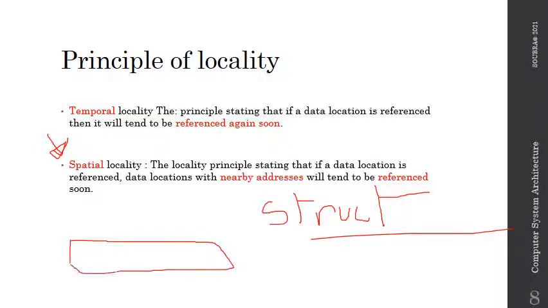An array is made of cells, and those cells are stored in memory. So most probably if I'm accessing the first cell, I'm going to access the cells adjacent to that one, maybe through a for loop, maybe because I'm doing some sorting, something like that. Fair enough?